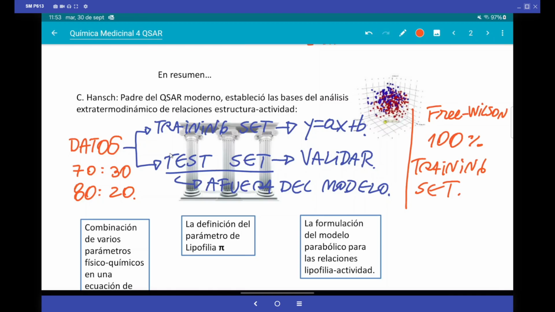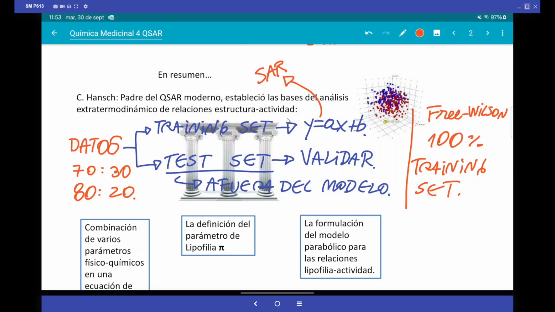As a result of this, we are going to have an equation. And that equation that you are going to obtain basically allows two things. It allows the retrospective SAR, that is, the structure-activity relationship of the study set. You will be able to explain why that set of molecules has anti-tumor activity, antibacterial activity, antihistaminic activity, whatever.